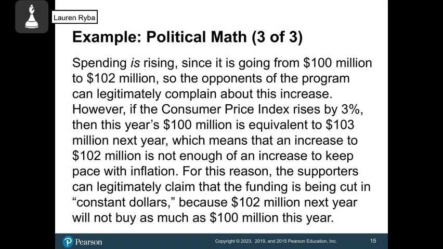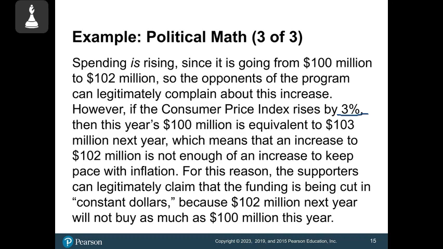So back to our situation of what we could argue for both sides of this political spending as far as education goes. Well, we know that spending is rising. And if we're going from 100 million to 102 million, the opponents are going to just say, we're spending too much money. They're going to say, we're spending an extra 2 million. We don't want to spend it. Now, if we think about those that wanted this, they're going to complain about only increasing $2 million because our consumer price index rises by 3%.